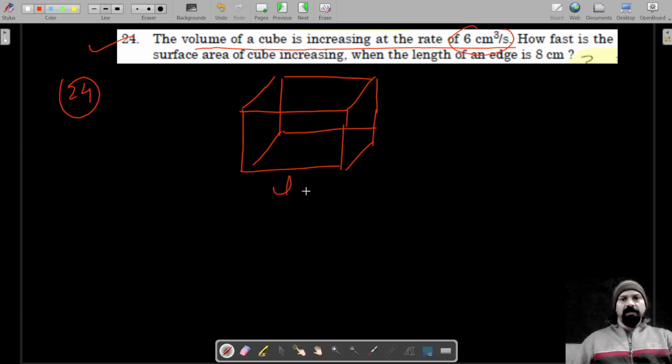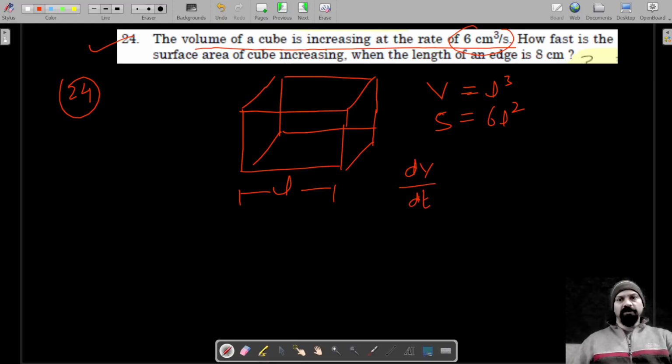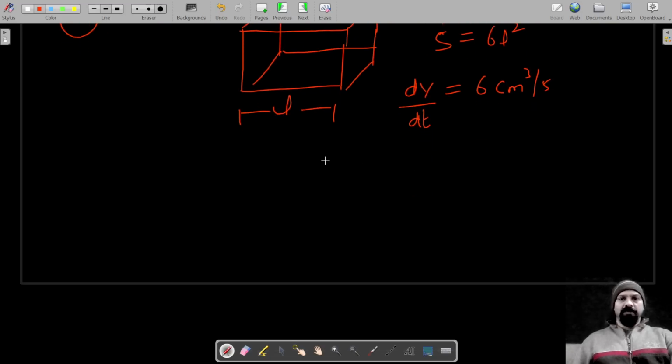Let L be the edge of the cube. So the volume of the cube is L cube, and let S be the surface area of the cube, which is 6 into L square. Given that dV by dt is equal to 6 centimeter cube per second.